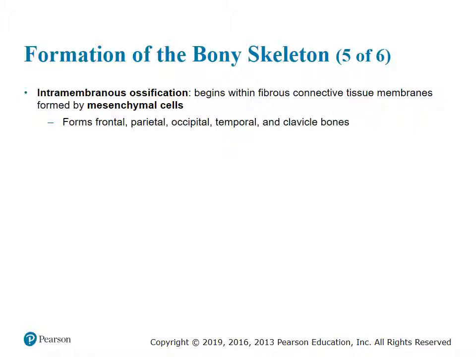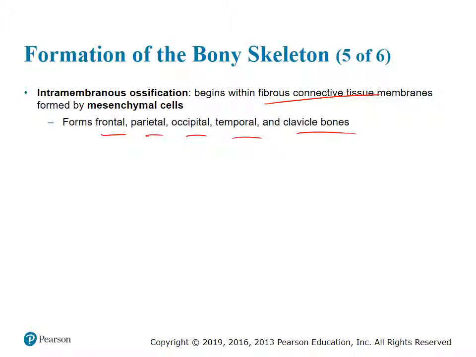Okay, and so when we talk about intramembranous ossification, this is the fibrous connective tissue, as I mentioned, turning into then full bone. And as I mentioned, this is all your skull bones and then also your clavicles. So that's why you see frontal, parietal, occipital, temporal, and the clavicle bone.